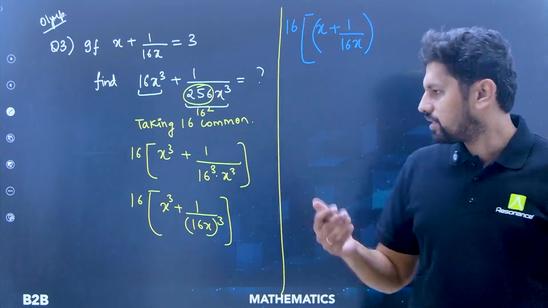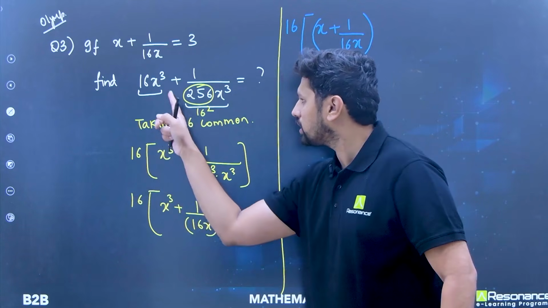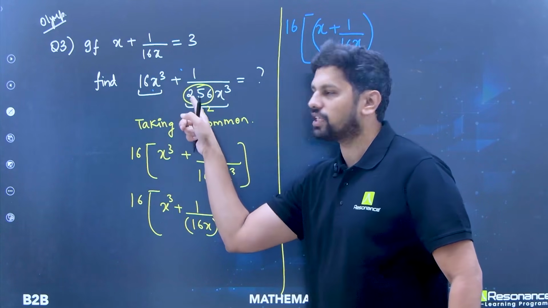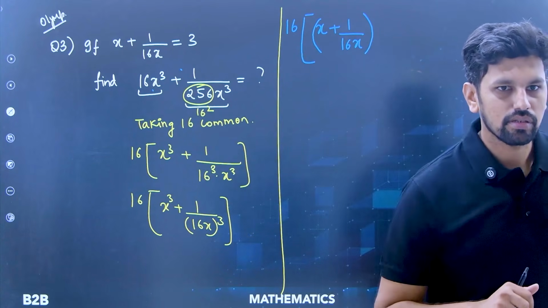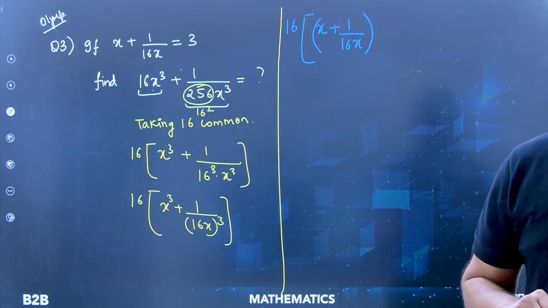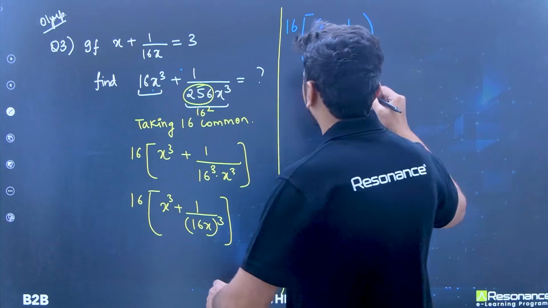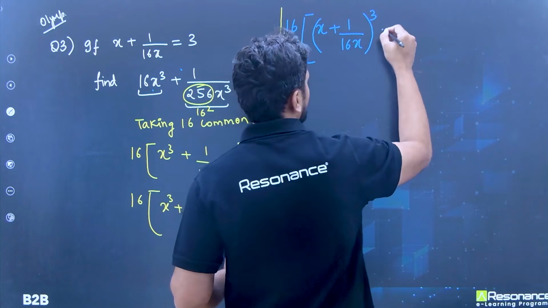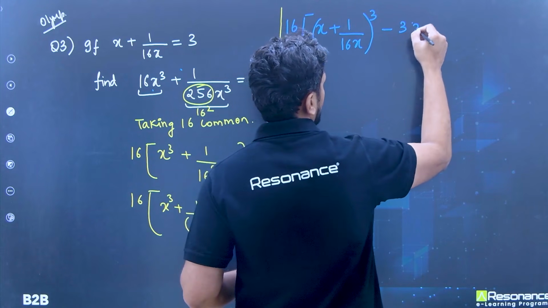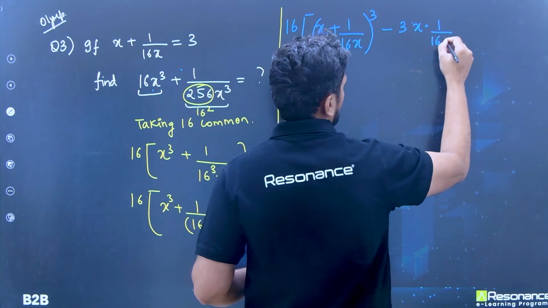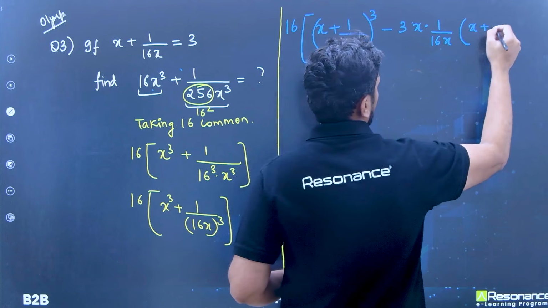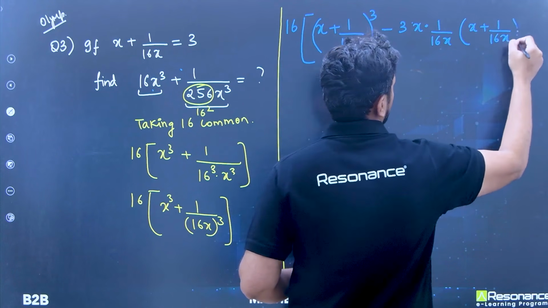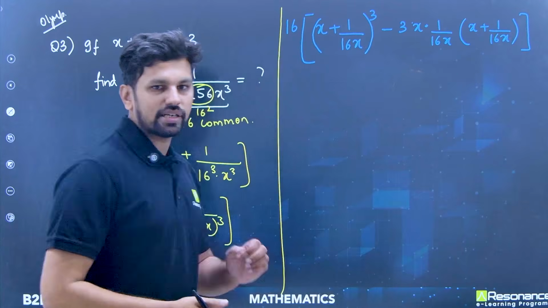We are taking 16 common, so 1 by 16 will be multiplied here. Sharlene, are you understanding this? Okay. So (a plus b) whole cube minus 3ab into (a plus b). Have I written it correctly?